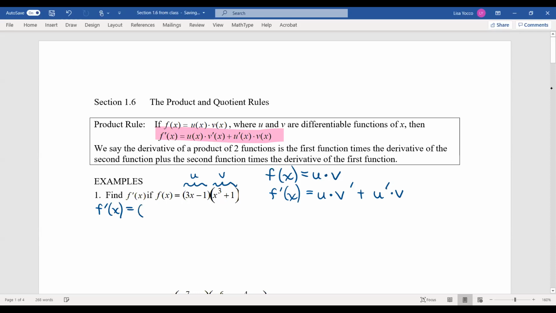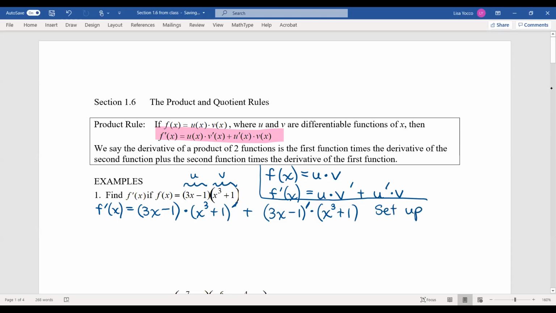We'll take the first function times the derivative of the second function plus, and then swap them around, the derivative of the first function times the second function. All right. And I always call that setting up the derivative or setting up the product rule. Then in the next step, you compute the two derivatives.